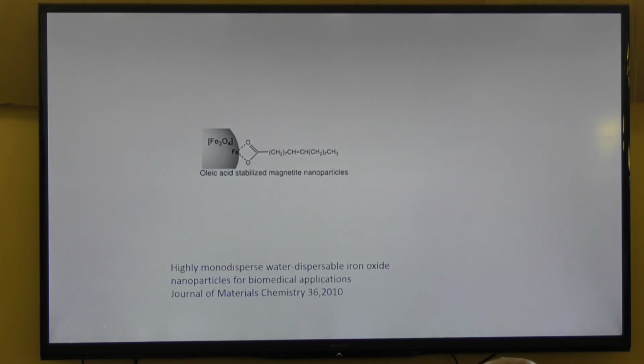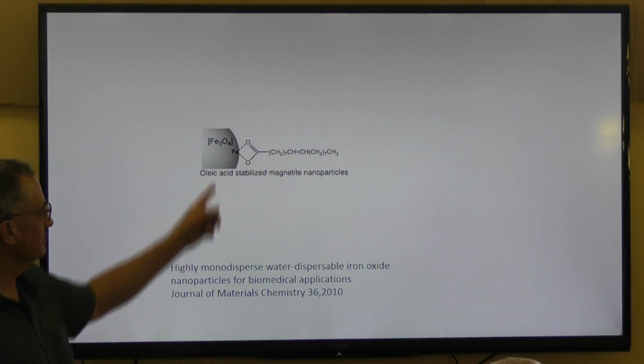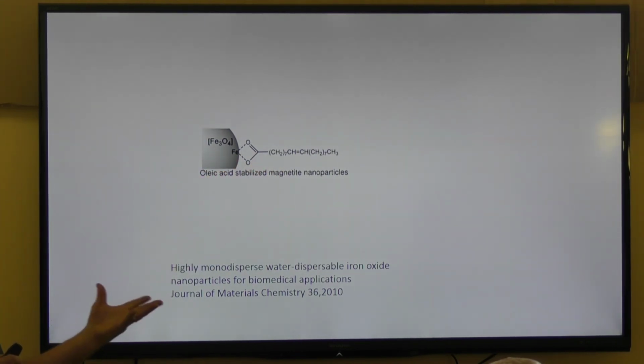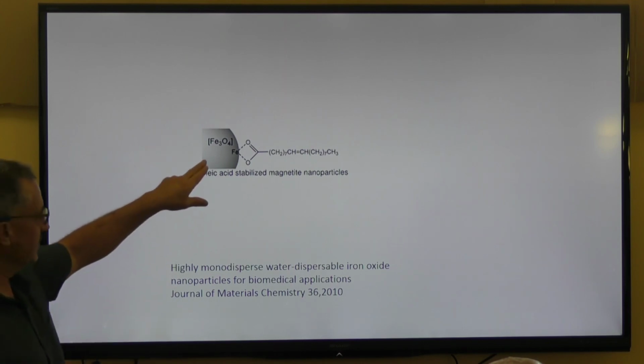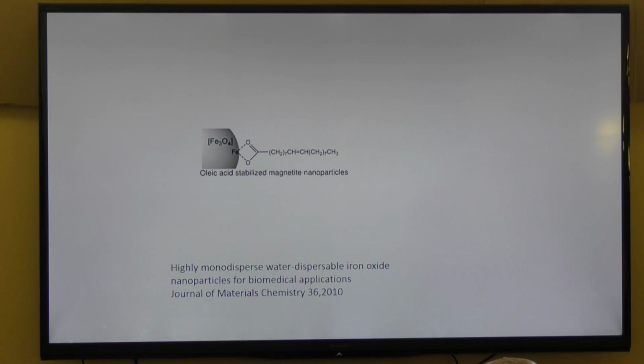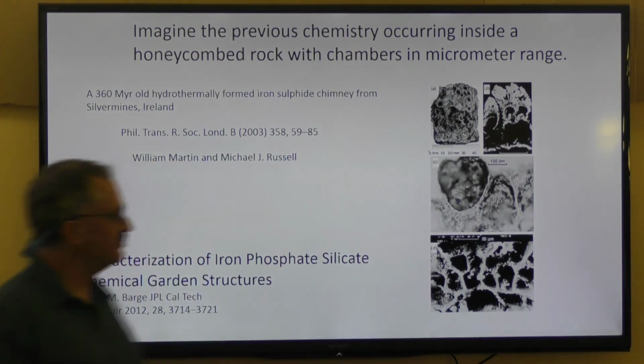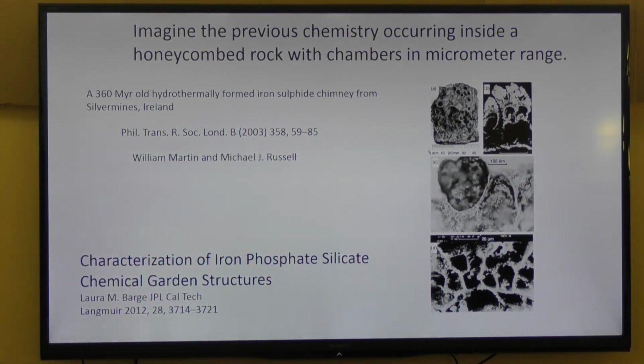This is a fat hydrocarbon hooked to a magnetite, like a cell membrane. Another way to look at it is this is a soap and this is a dirt particle. Then imagine these inside small cavities, because the critique of those previous things would be, well, you make a polymer, it floats off into the ocean, you never see it again.